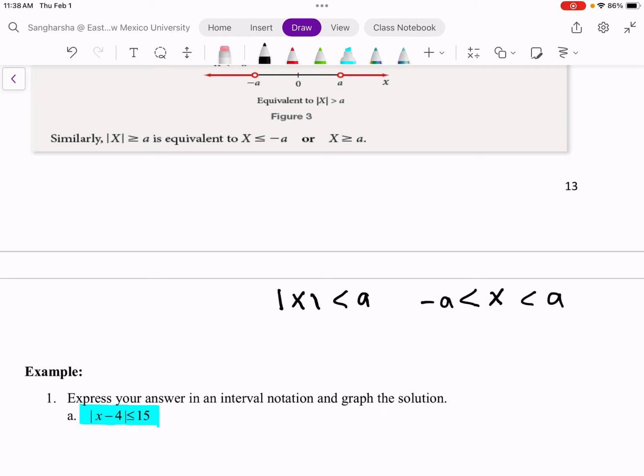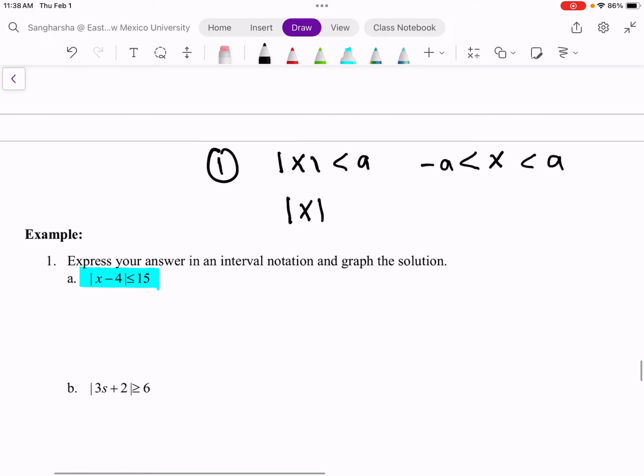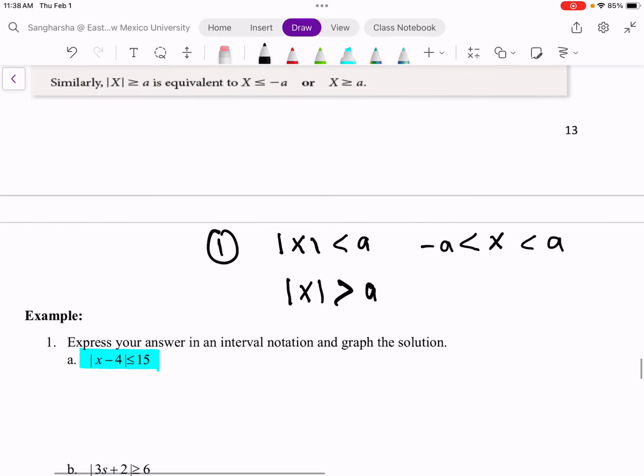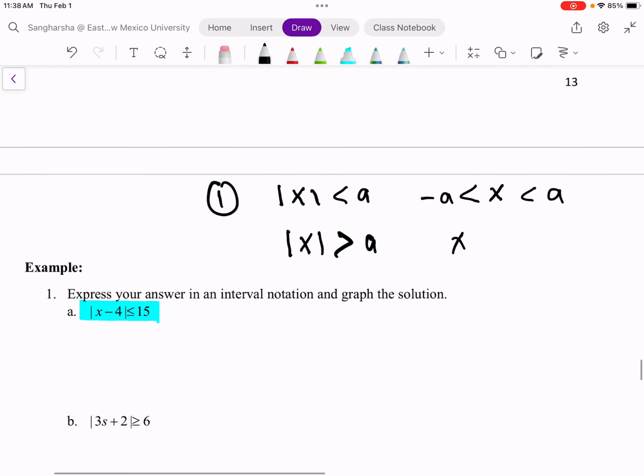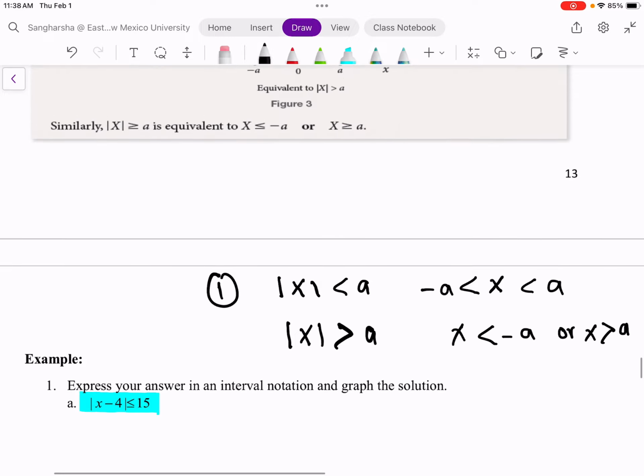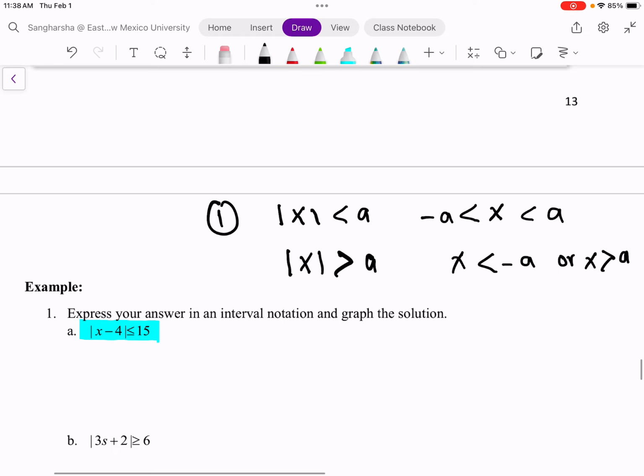So this is the one definition. If you have absolute value of x greater than a, then our definition is x is less than negative a, or x is greater than a.